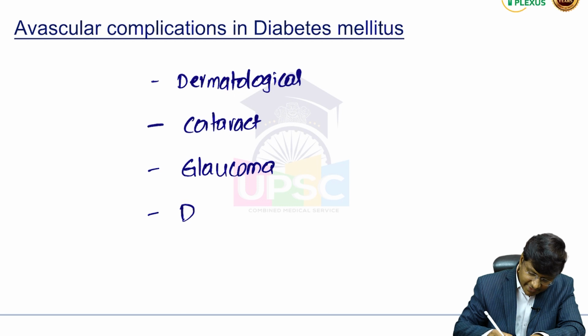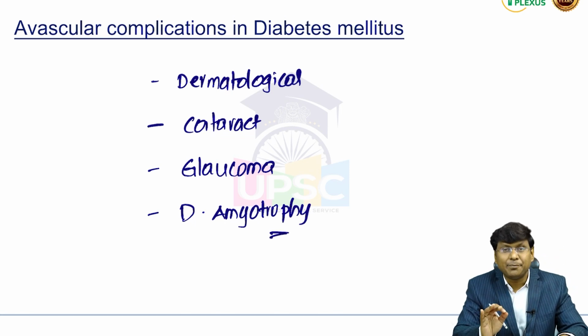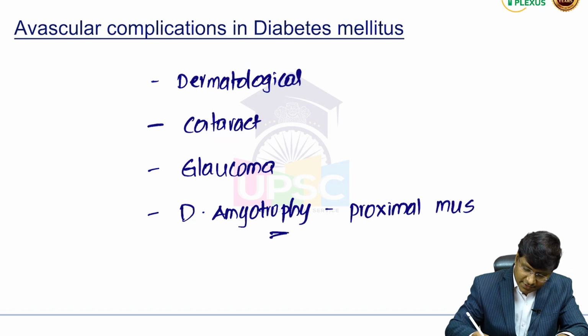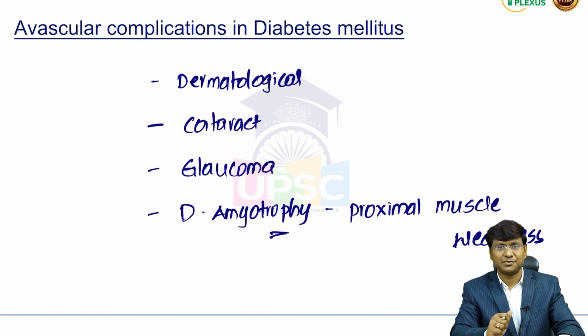And diabetic amyotrophy. So diabetic amyotrophy is where the individual will have the presence of proximal muscle weakness. Alright, this is what is called diabetic amyotrophy.